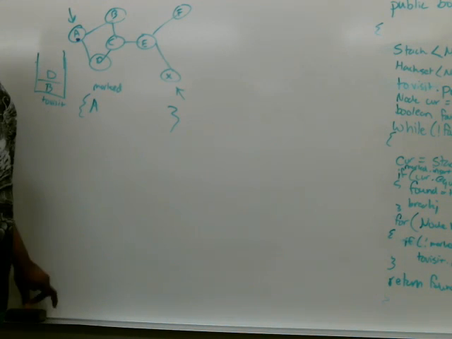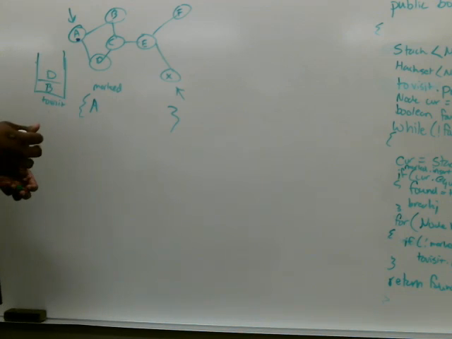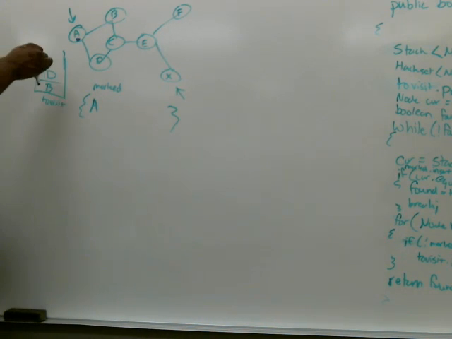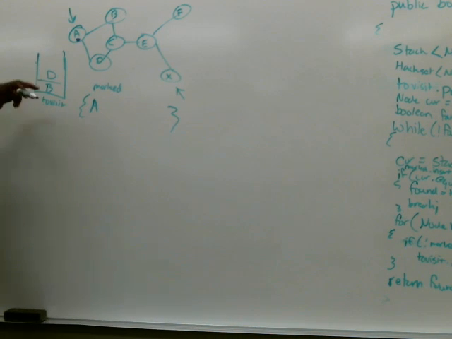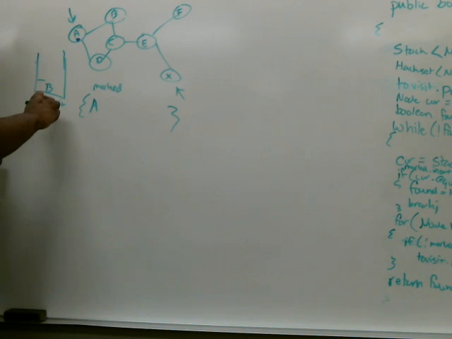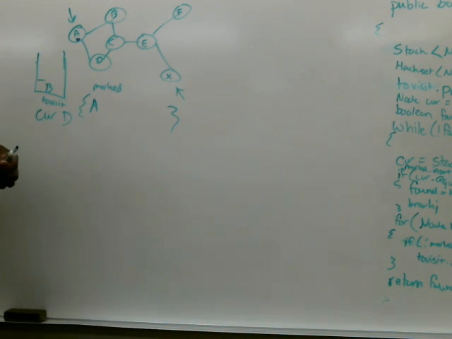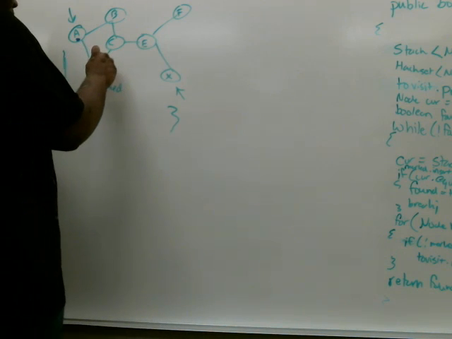Okay, so we haven't found it yet. Now we're in the second iteration. We take the top element off the stack, so now we have D. D is now off the stack. Cur is D, and D is now visited.